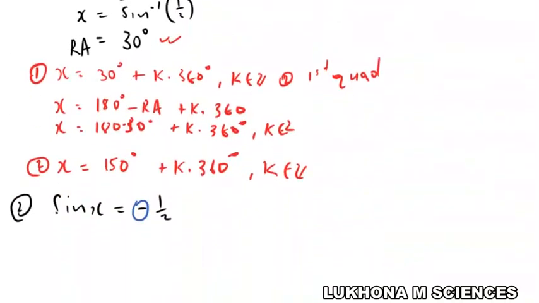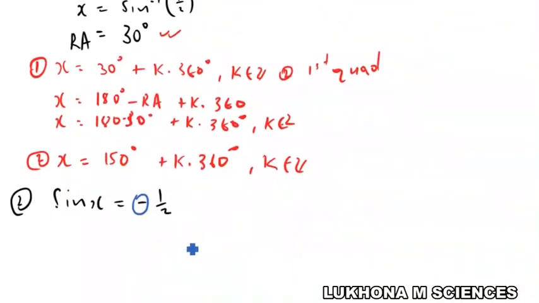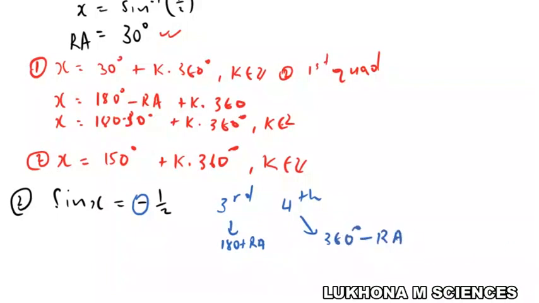Which means we are going to look at the third quadrant and the fourth quadrant. That's where the solution is. On the third quadrant, we see 180 plus the reference angle. On the fourth quadrant, we're going to say 360 degrees minus the reference angle.